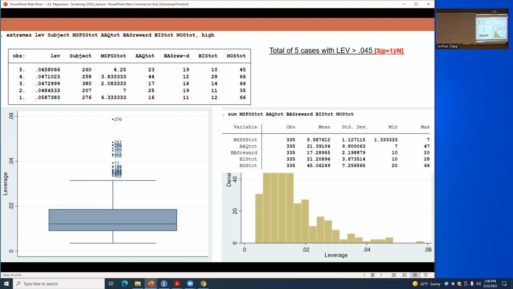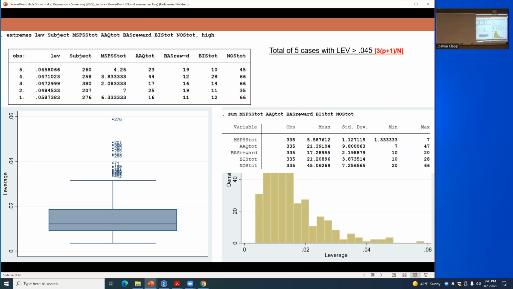This is someone reporting low reward seeking and low neuroticism-type stuff, but really high reluctance to engage with other people. It's just a weird combination of variables that doesn't fit what we're generally seeing in the model, okay?